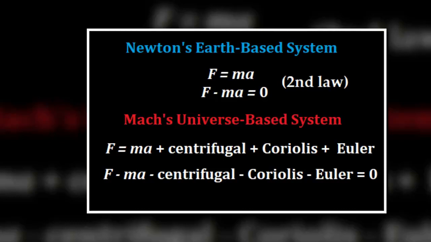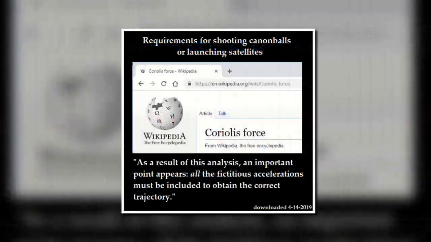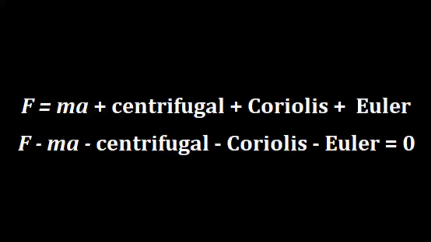Even today, in order to send satellites into space, physicists must add in these three inertial forces to Newton's F equals ma. Otherwise, the satellites will not perform correctly. In effect, the final equation used for satellites becomes force equals mass times acceleration plus centrifugal plus Coriolis plus Euler forces.